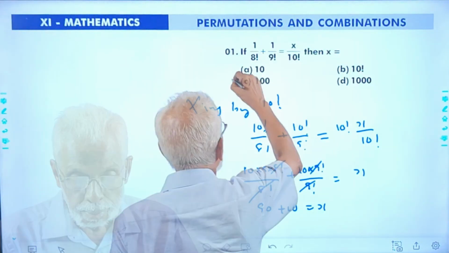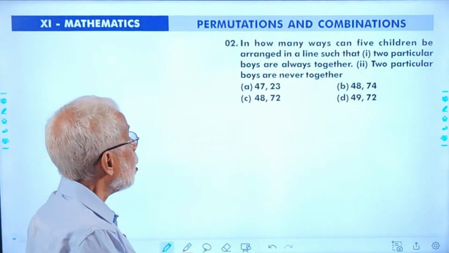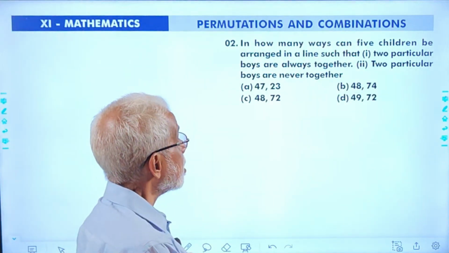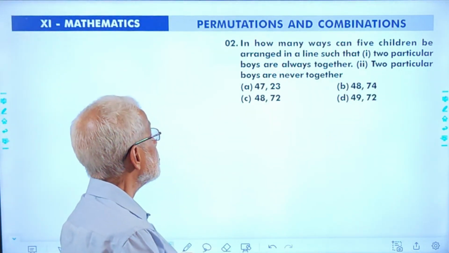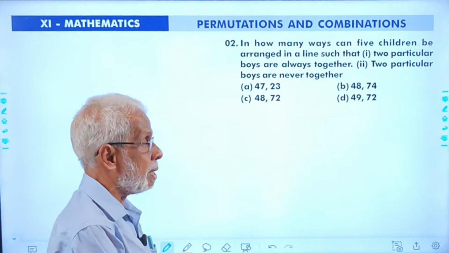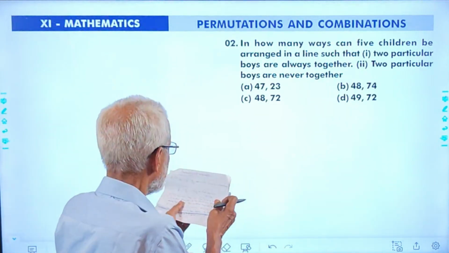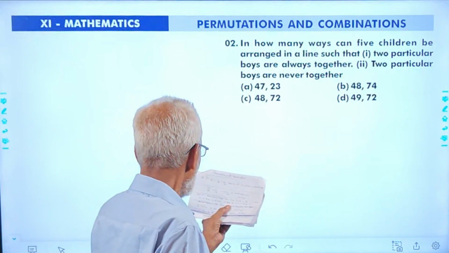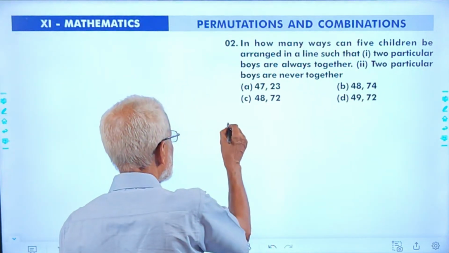C choice. Okay. In how many ways can 5 children be arranged in a line such that 2 particular boys are always together? We have 5 children, and the first part is 2 particular boys are always together.